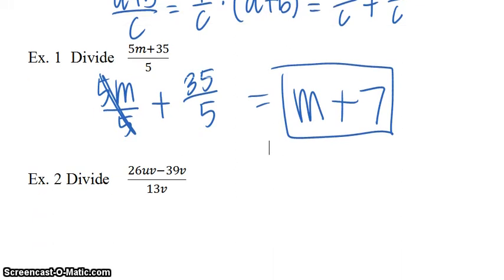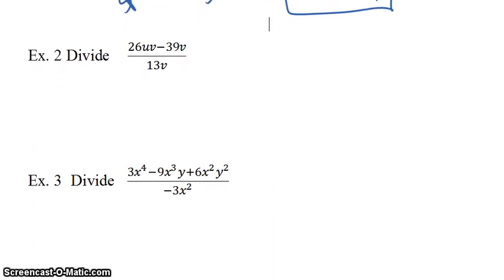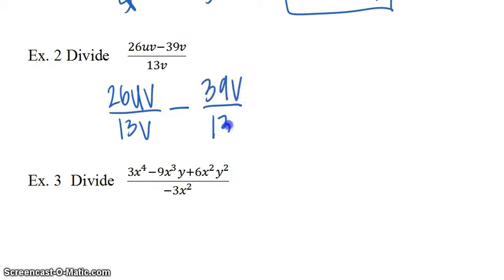Now I'm going to scroll down a little bit more. Second one. A little bit more, but we're going to just break it up first: 26uv over 13v minus 39v over 13v. And now we have to simplify. 26 divided by 13 is 2.